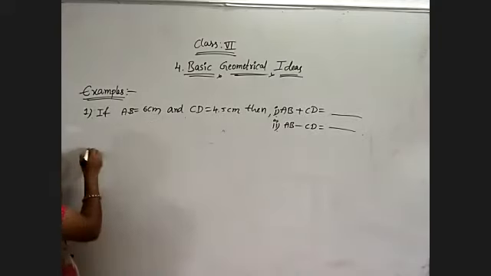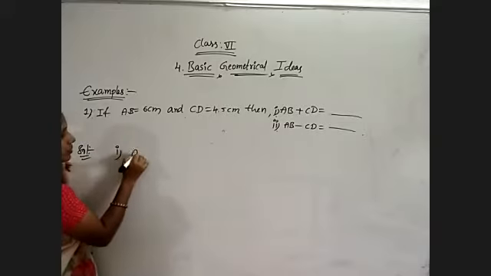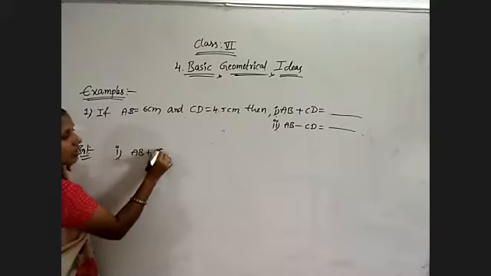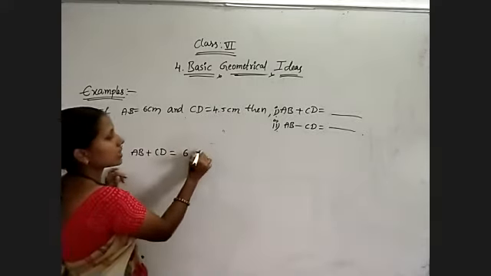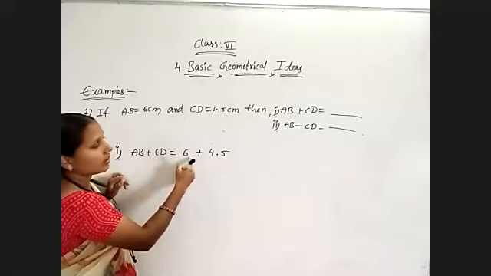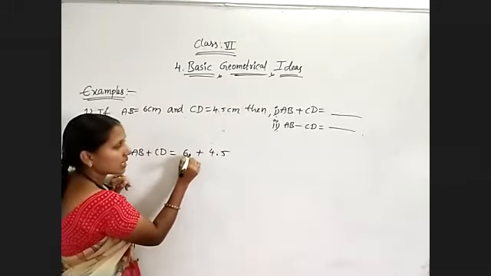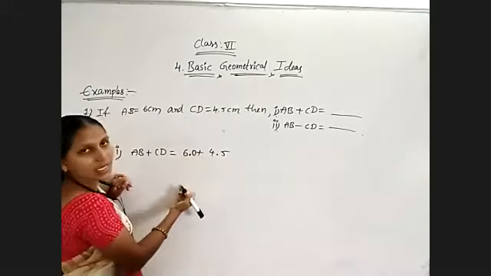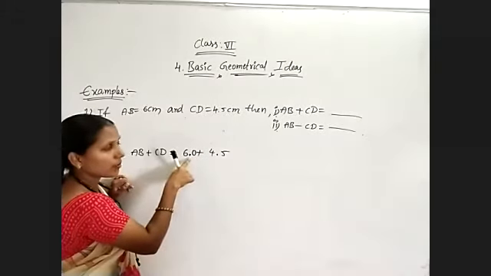Now just observe. AB plus CD will be equal to the sum of those measurements, that is 6 plus 4.5. 6 has only a whole number part, that means the decimal part is 0. There is no decimal place, so I am keeping 0.0. Why?